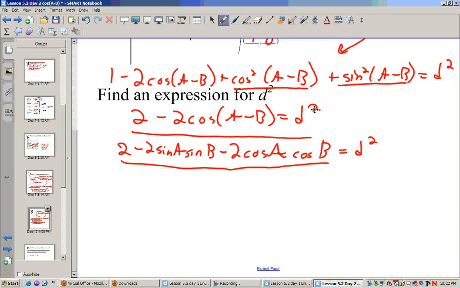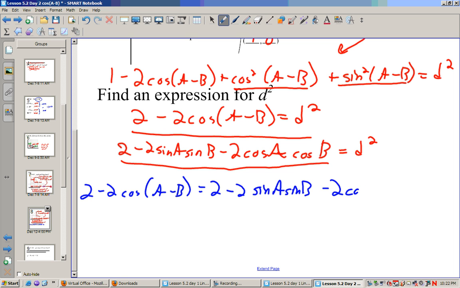So I can use substitution to say 2 minus 2 cosine of a minus b is equal to 2 minus 2 sine of a sine of b minus 2 cosine a cosine b. I just use substitution since that's equal to that, and that's equal to that, and these two are equal. These two must be equal.